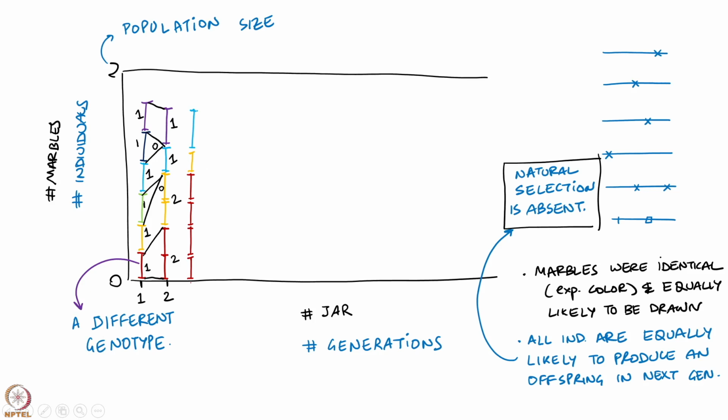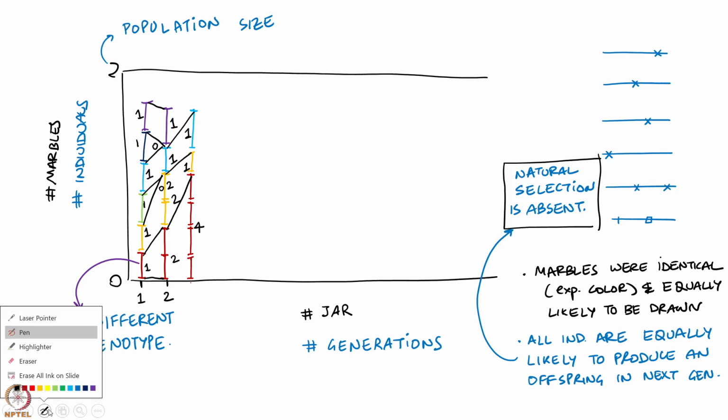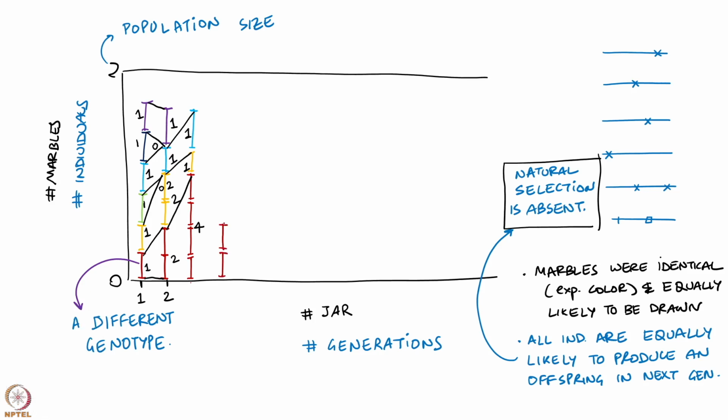So, what has happened now is that red has expanded again from 2 to 4, orange has shrunk from 2 to 1, and blue has remained from 1 to 1. And maybe in the next generation, what happens is that it is only red that is picked.